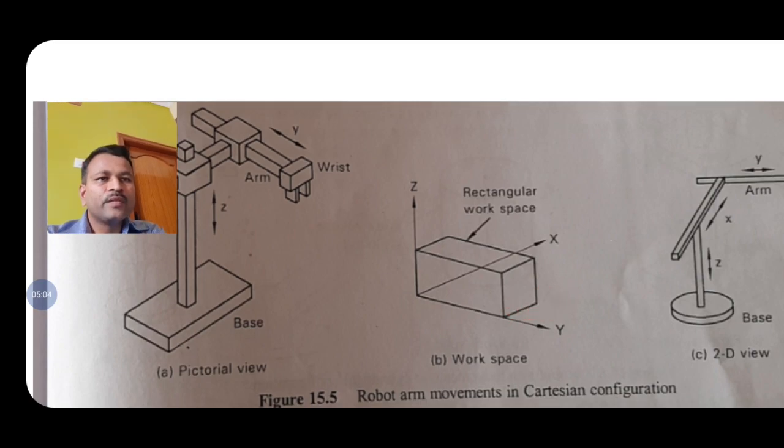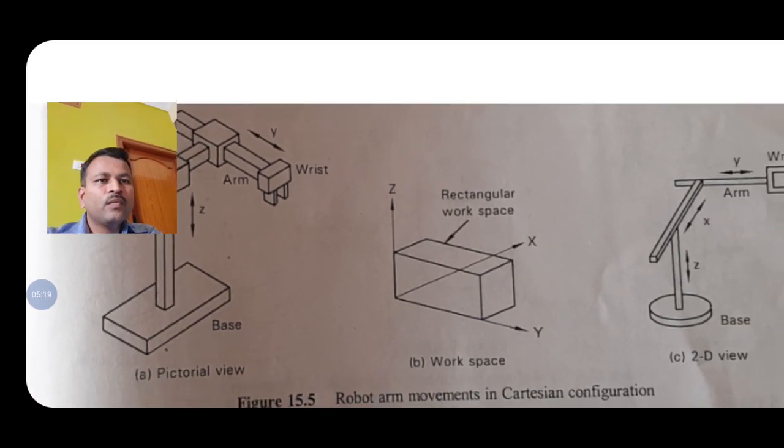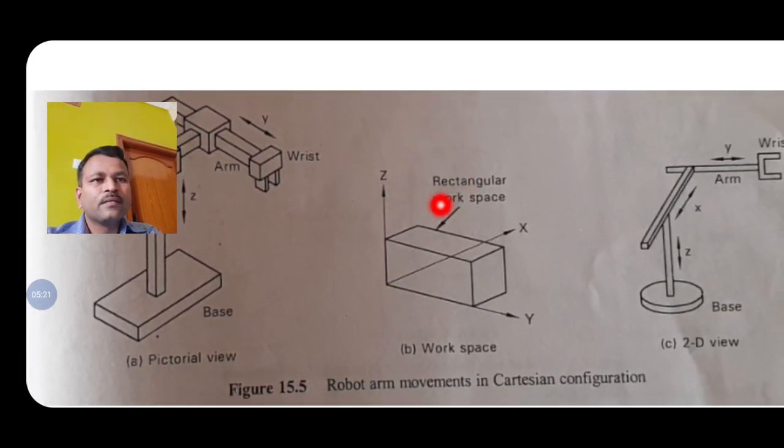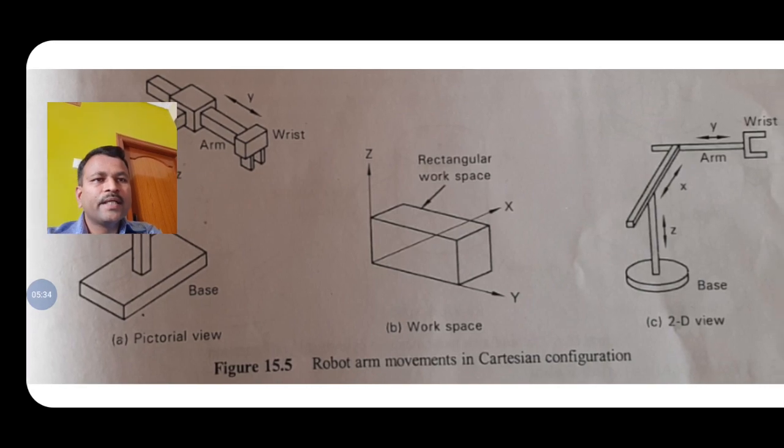Then this is a y direction, and here also one more y direction, giving 3 y directions. And this is one z direction, one more z direction here, and one more here.